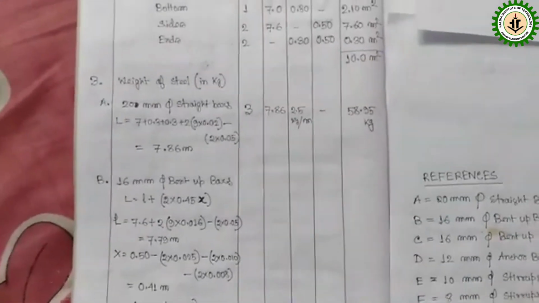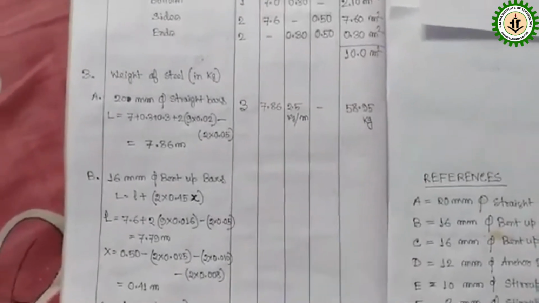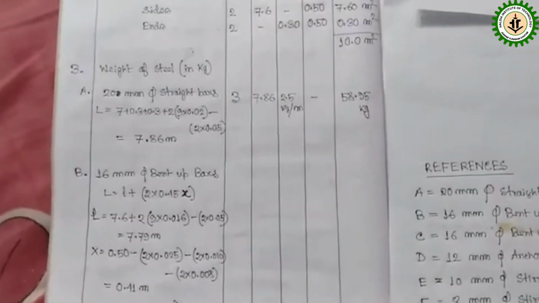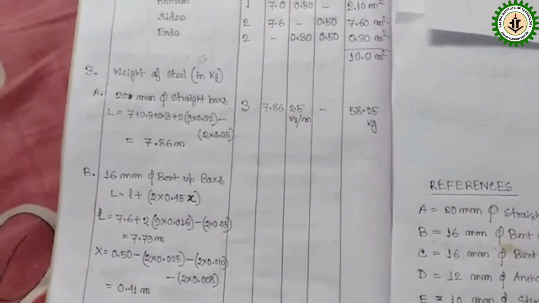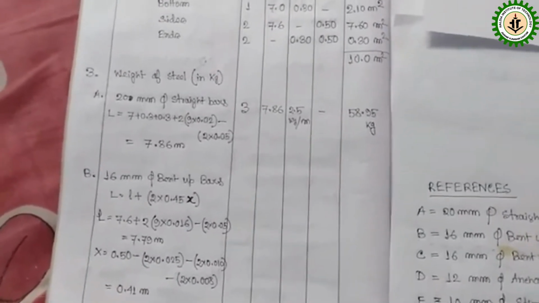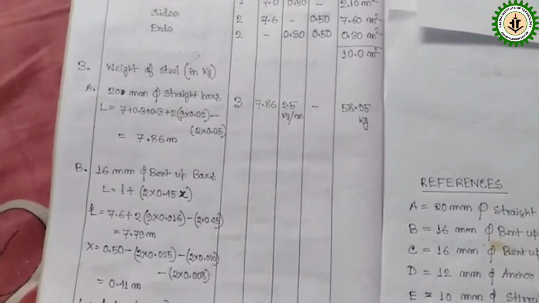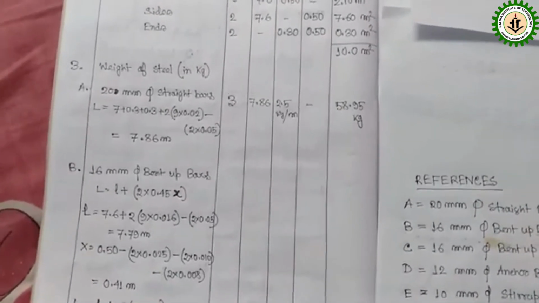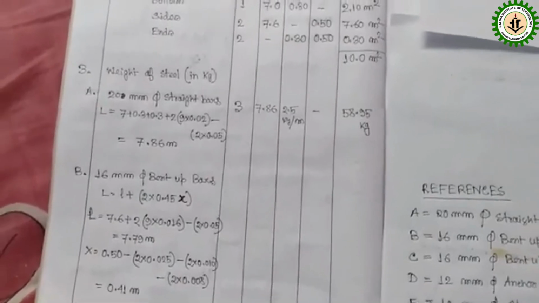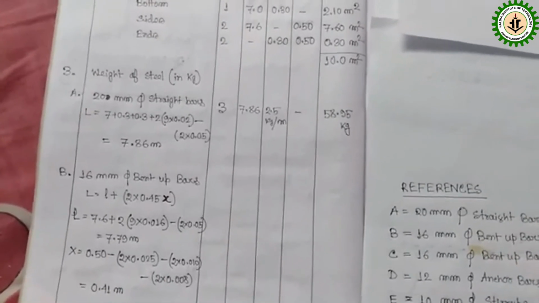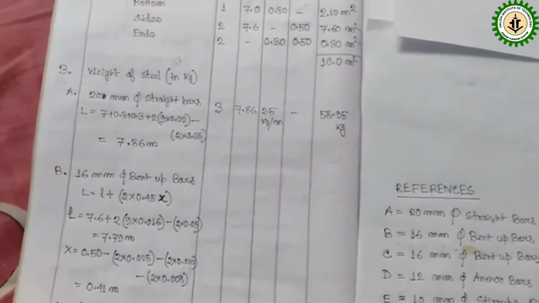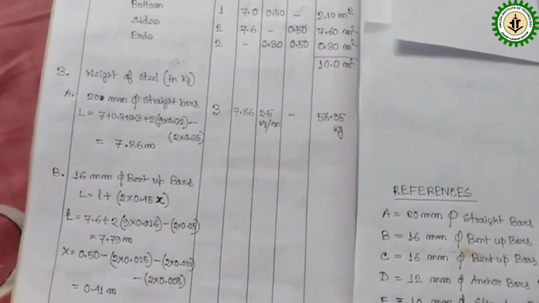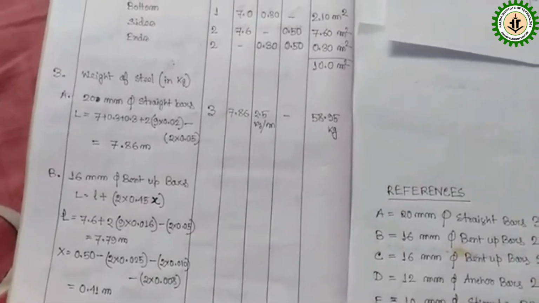Already I have told you how to calculate the length of the straight bar. Here for this bar the straight length is 7 meter plus 0.3 for both side walls. Next, for hook length, we have to add 2 into 9d. Here the diameter is 20 millimeter or 0.02 meter, so hook length will be 2 into 9 into 0.02. That you have to add with straight length.